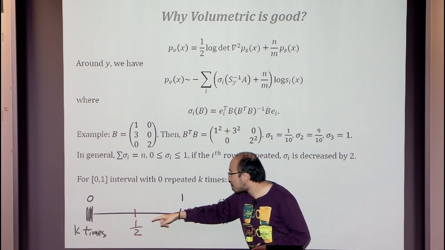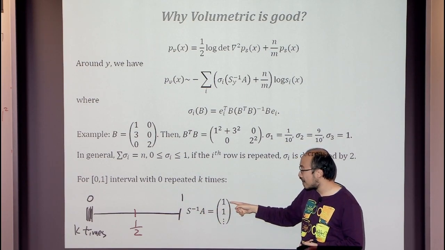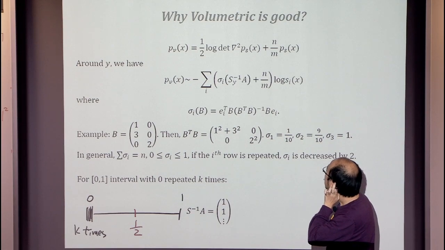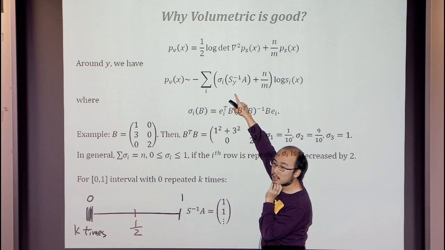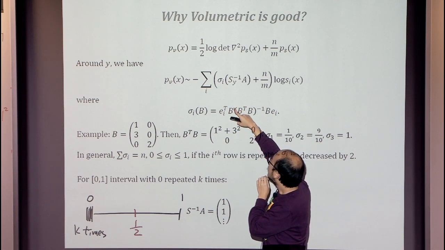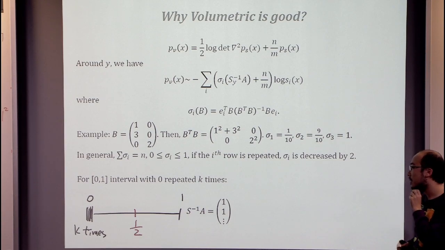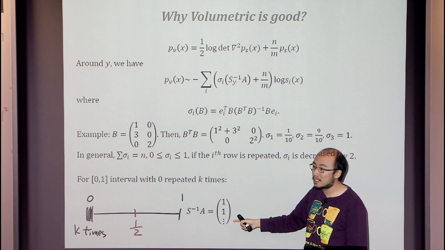When you are at the center point, every slack is 1. So S inverse A is a matrix of ones. Sorry, what is the S_y inverse matrix? S is the slack measured at the point y, and the matrix is diagonal. When you are at the center point, every constraint is equally important.